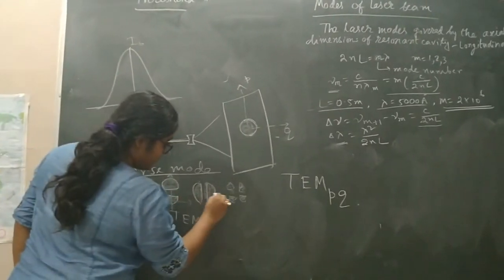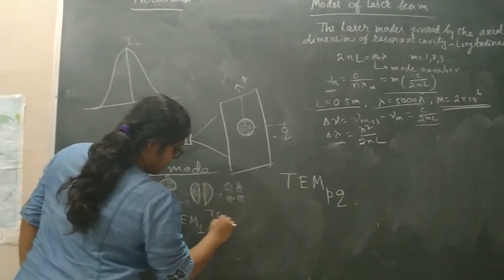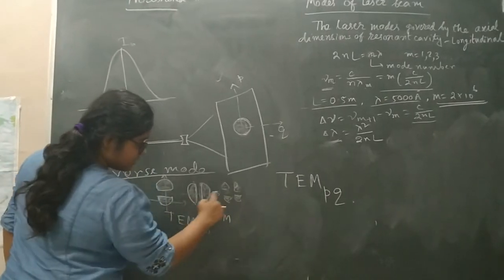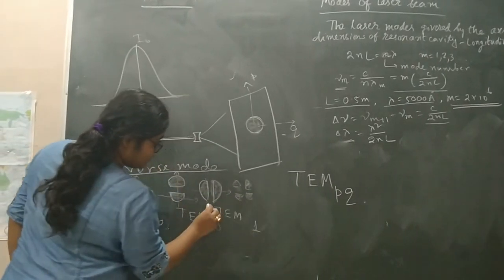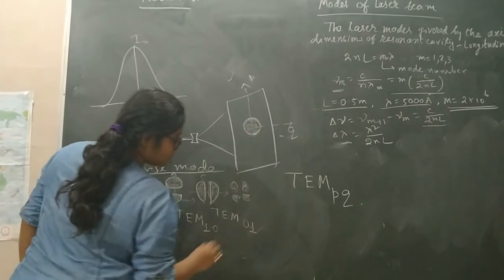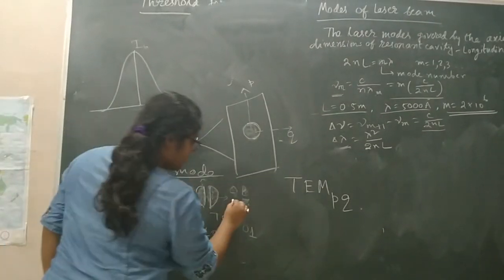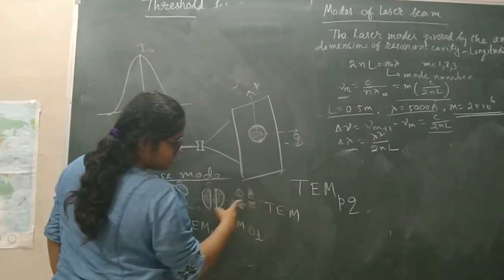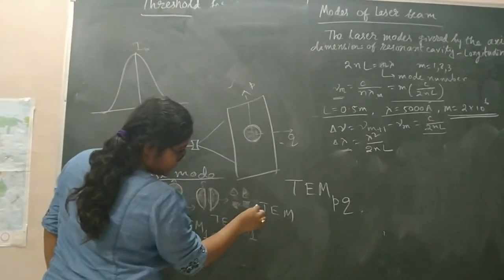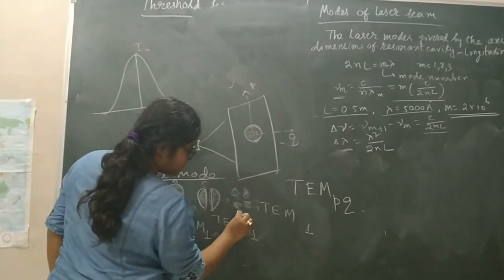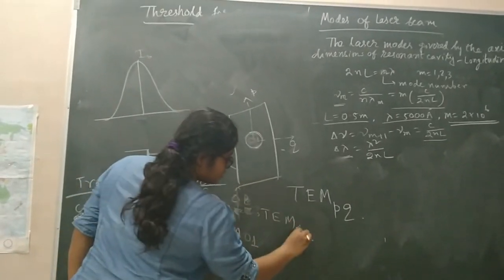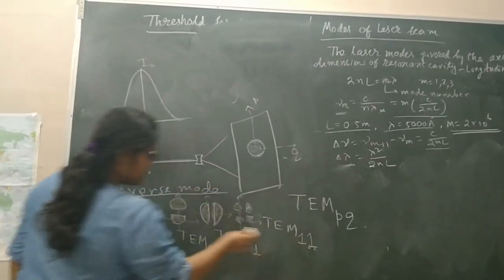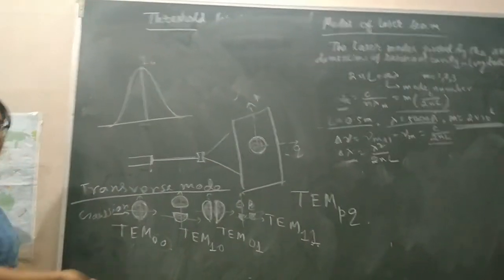Now if you go along the Q direction and find a node, there will be 1, and if there is no node along P, this should be TEM01. Similarly, if we go along Q and there is a node, it is 1, and along P you also get another node, so TEM11 mode.